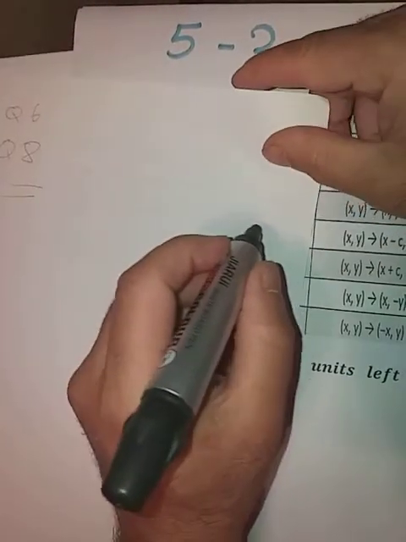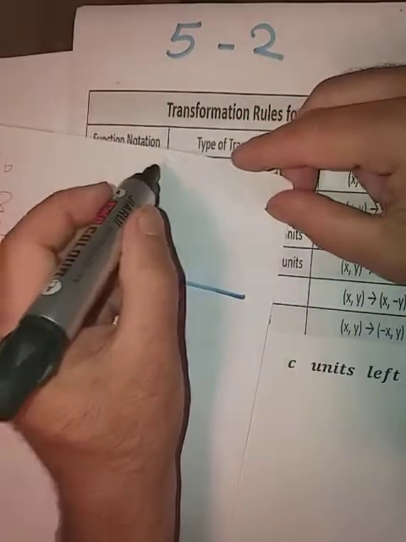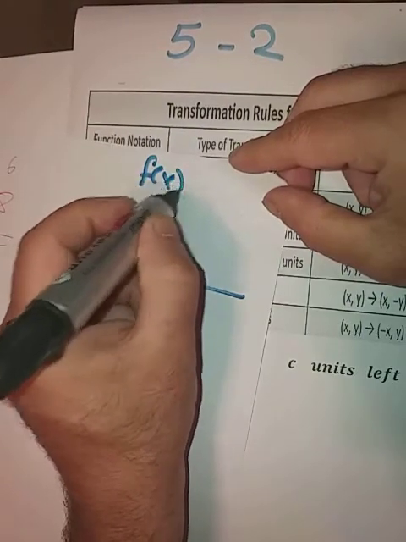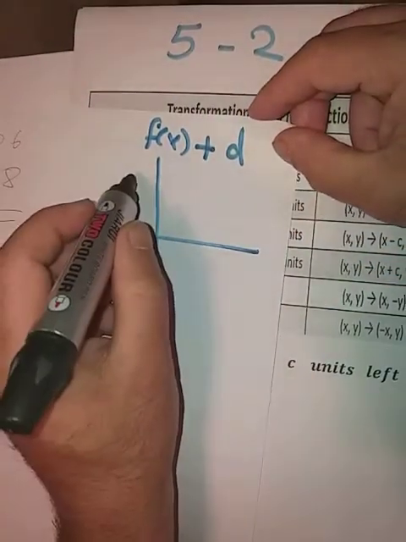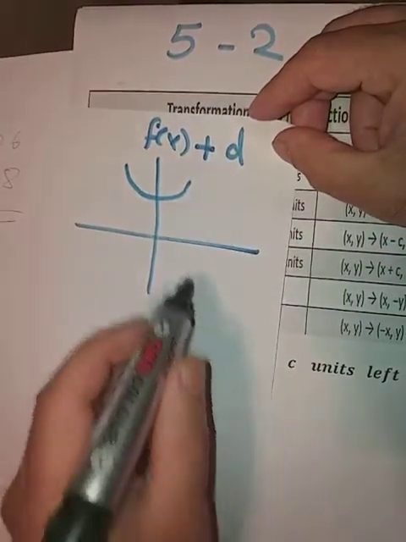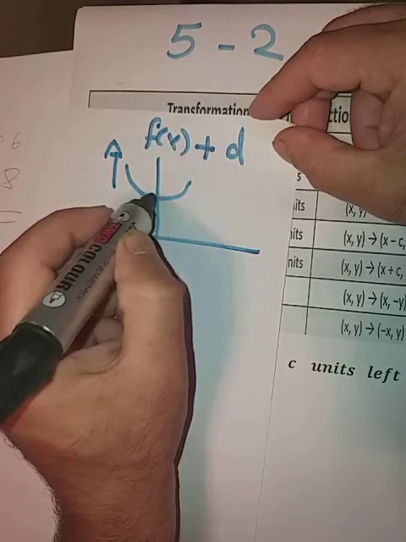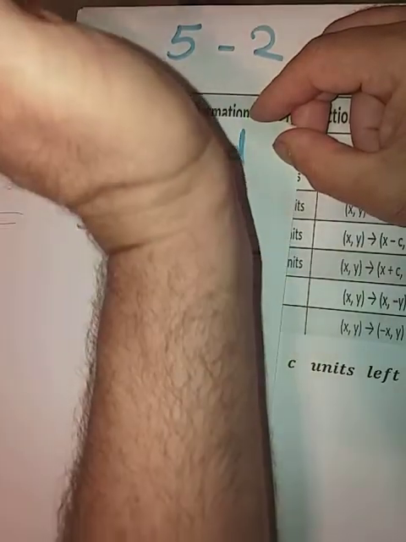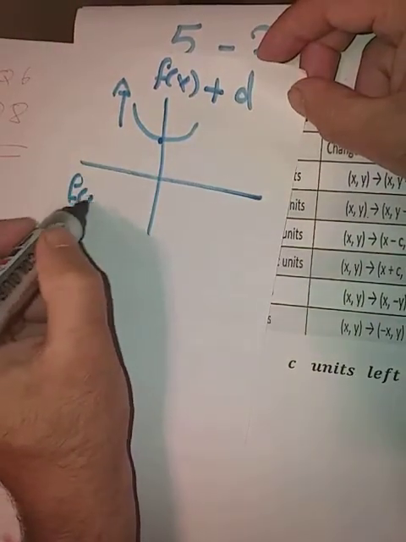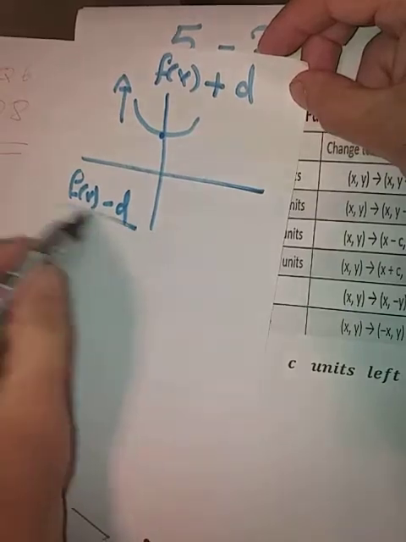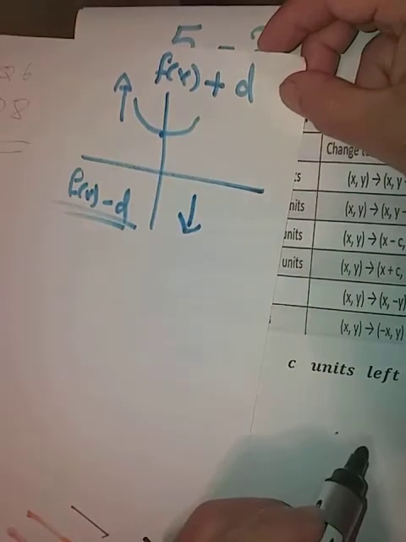I mean, if you have a function plus any number d, then we go up. We shift this graph up. If you have minus, this means down, we shift the function down.